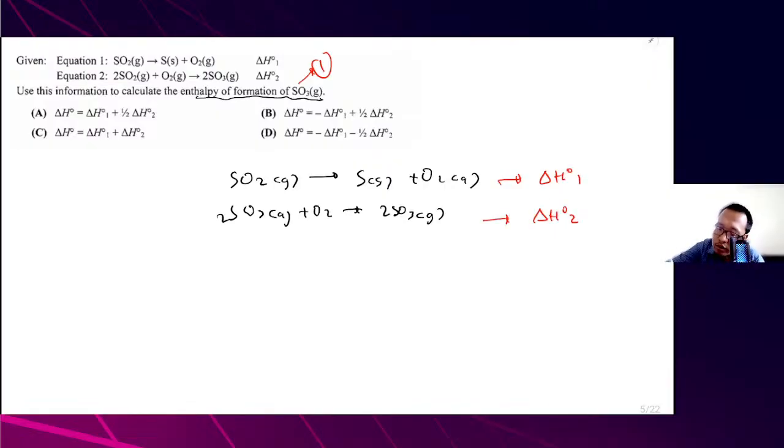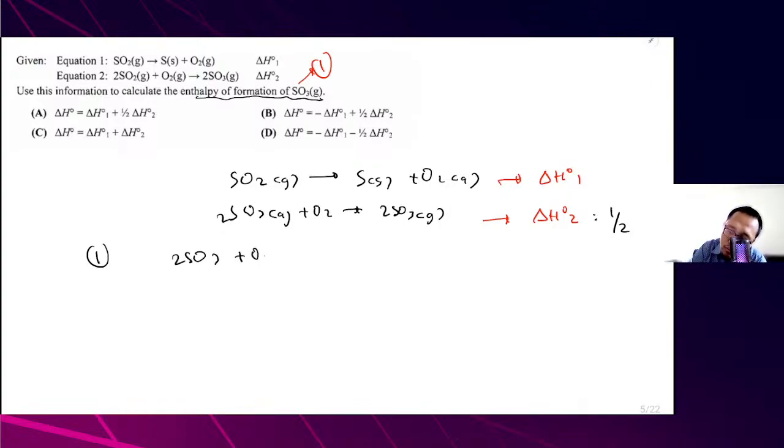So how to solve this problem? Firstly, we want to make it SO3, not 2SO3. How to do that? Just divide it by half.